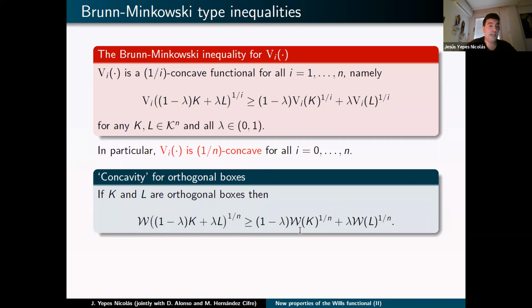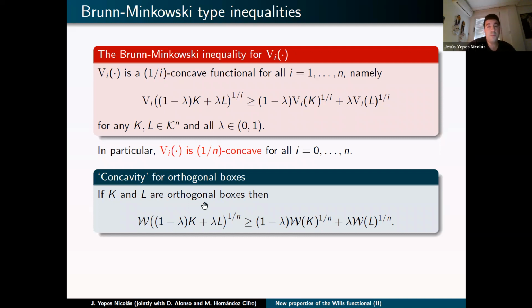This can be easily obtained by taking into account one of the properties that Maria has shown you before, which says, roughly speaking, that the Vis functional behaves well in terms of Cartesian product.